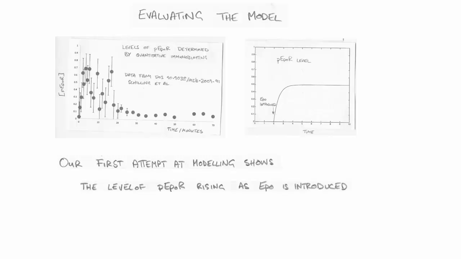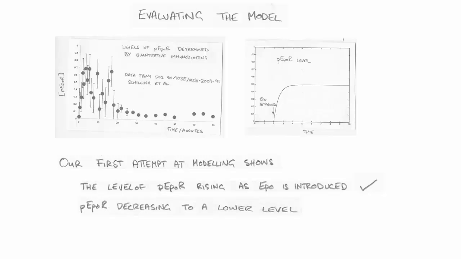So we see the level of phosphorylated receptor rises as EPO is introduced, so that's correct. In the experiment EPO was introduced at time 0 and the level rose. In the model it was introduced at time 2 and it rose, so that's in agreement.